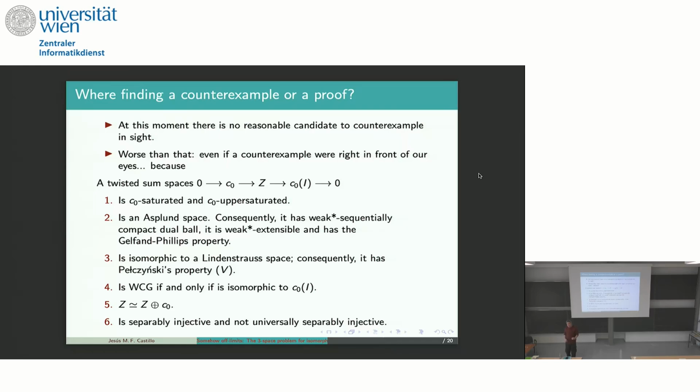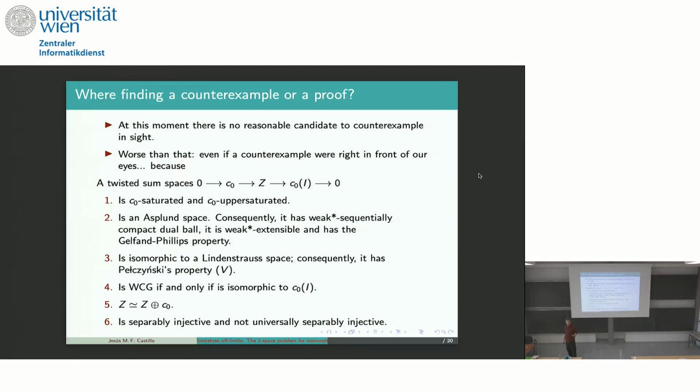And worse than that, and this is the reason for the title of limits, worse than that: even if I had an example in front of me, I don't know how to recognize it. Because this type of space has this property, and I'm then interested in the first one, as saturated by copies of C0. This is a theorem, well, the isomorphically polyhedral part is a theorem of Johnson and Zippin.